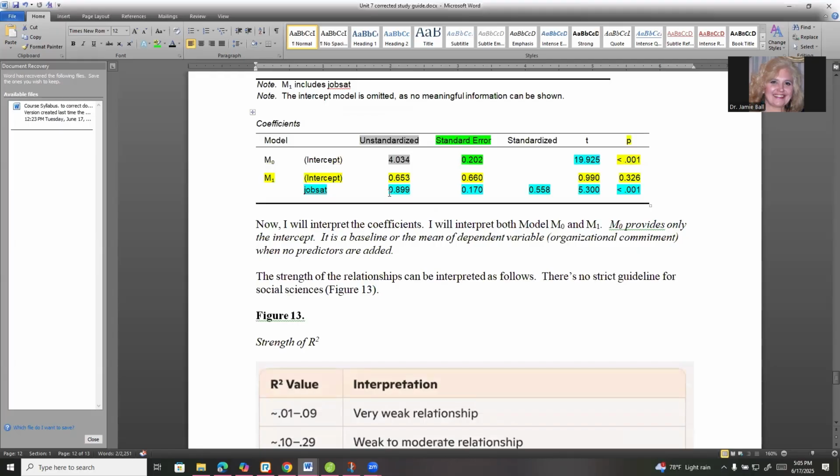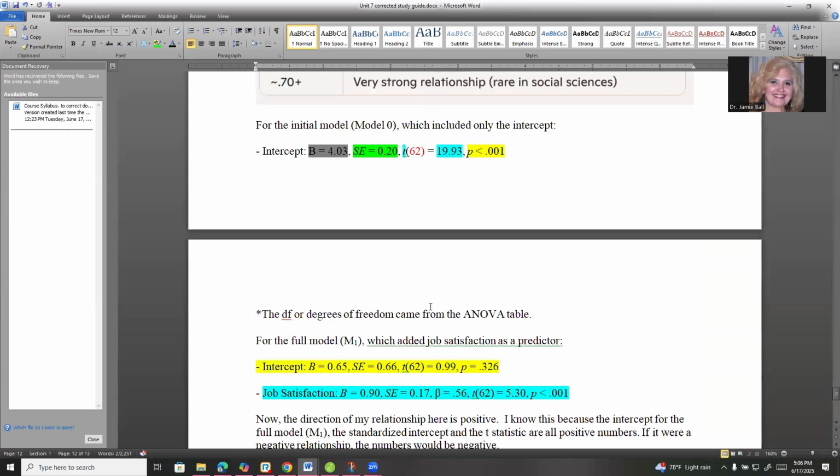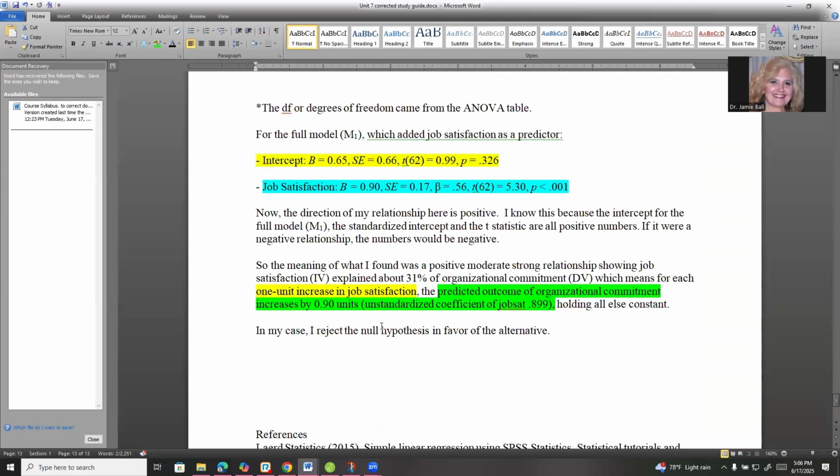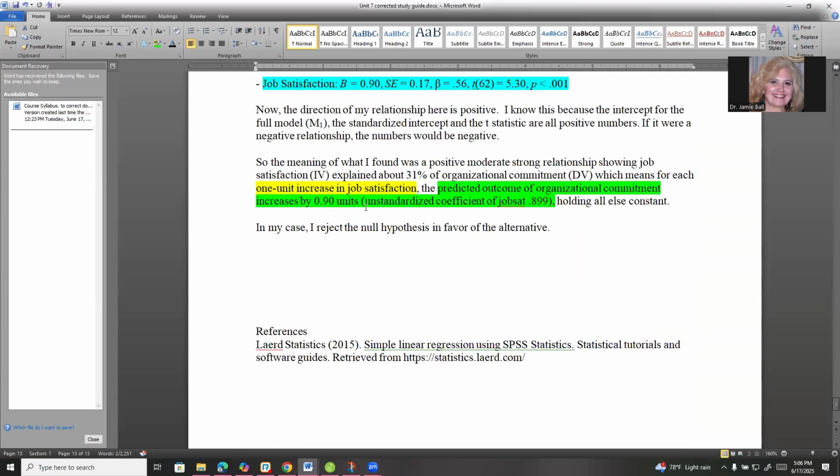The unstandardized coefficient of job satisfaction. For every 1 unit increase in job satisfaction, the outcome of organizational commitment increased by 0.9 units. I got that right here. So if all else was constant, that's what it means.